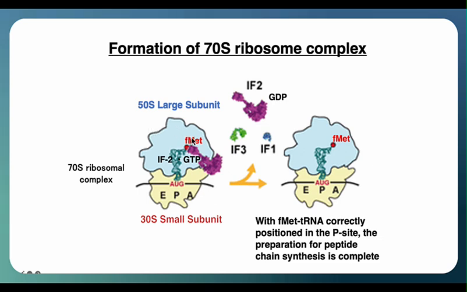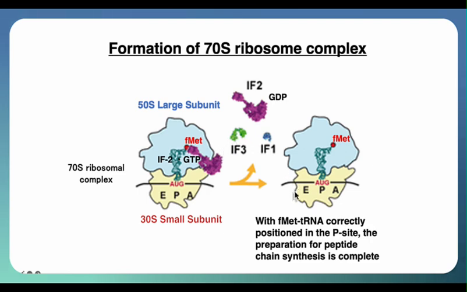When the large subunit associates with the small subunit, the GTP in the IF-2 GTP complex changes to GDP, causing the IF-2 GDP complex and IF-1 to dissociate. Shortly after, IF-3 also dissociates.